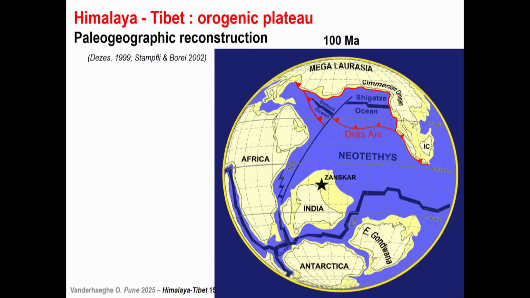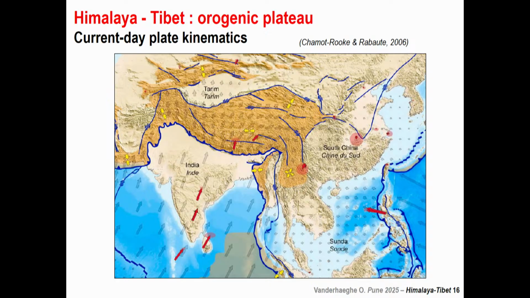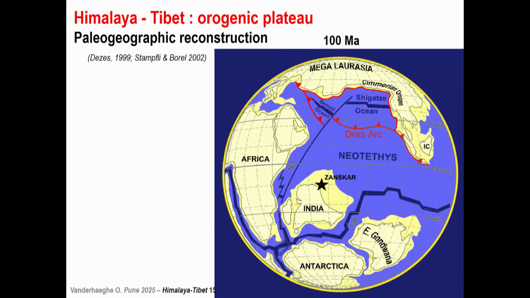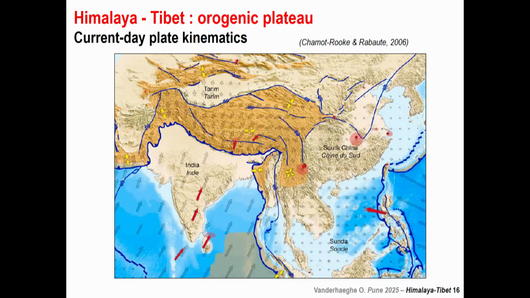But this has now disappeared, and we don't really know the size of that because it's disappeared. And again, the current day displacement is remarkably consistent with the long-term displacement of India relative to Asia, which is a south to north motion. Today we see the same.